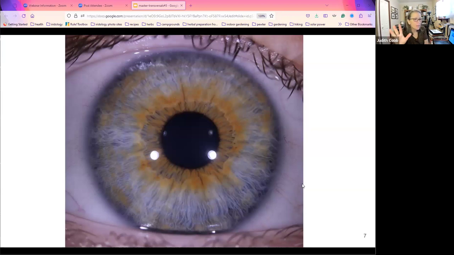So good. And so again, with this, because this is a youth, she was 16 when we took these photos, and I've been caring for her parents for years, and I've cared for this young lady since she was born. And so I know the family history. I know how they eat. I know what's going on.